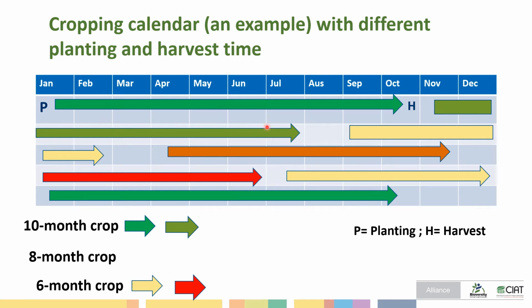So the crop duration can be different in different seasons. If you plant in January, it matures by October, and then you can wait another 4 to 8 weeks, plant again, and it can come back in July. So it's a different season.